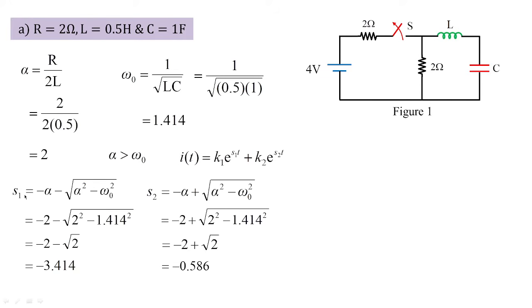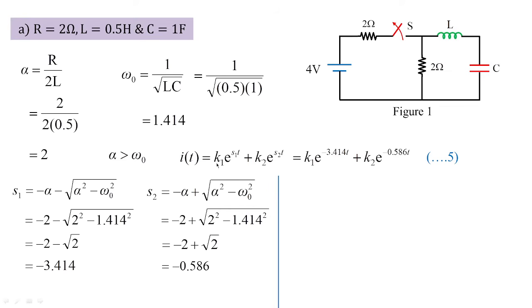Now I am going to substitute the values of s1, s2 in this equation, where I of t is equal to k1 e to the power of minus 3.414t plus k2 e to the power of minus 0.586t. So this is the general solution when the resistor value is 2 ohms, inductor value is 0.5 Henry, and capacitor value is 1 farad.